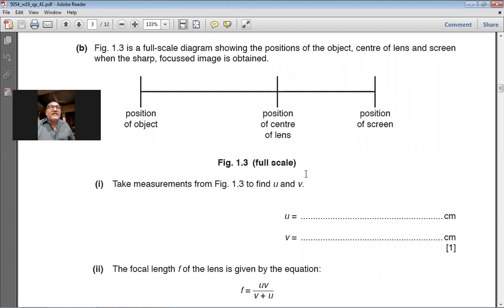When I did this, it was 4.3. Your answers will be a little less than the correct answers if you have a photocopy of this paper, because when we photocopy the paper, the diagram shrinks a little, but that's not a big deal.